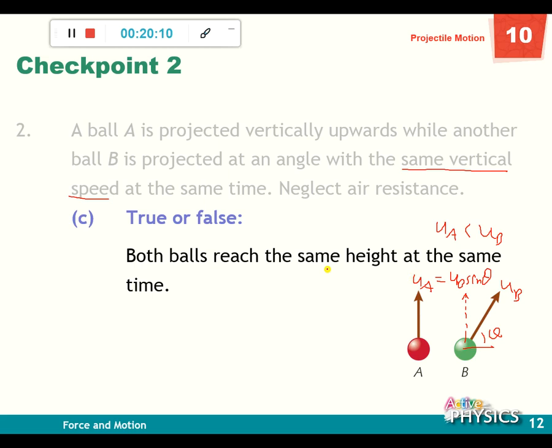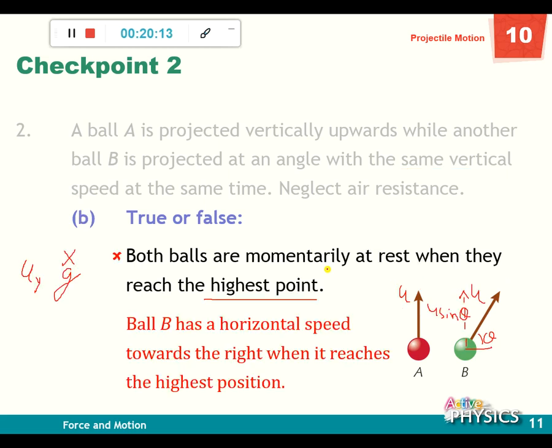Then for part B, both balls are momentarily at rest when they reach the highest position. Are not the same.